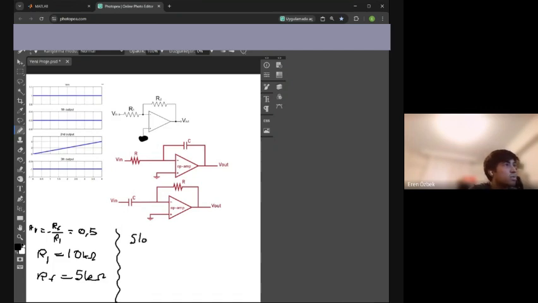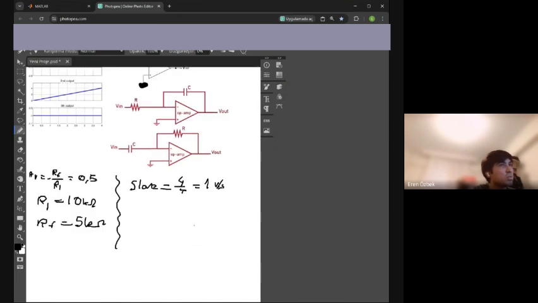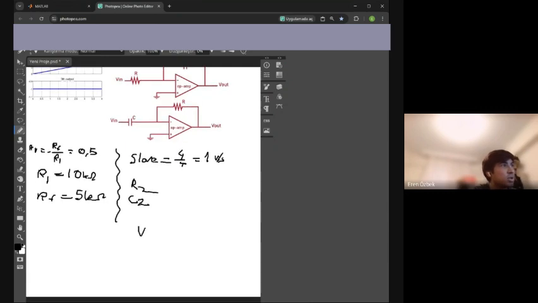First, we find the slope: 4 over 4 is 1 volt per second. The circuit input resistance is R2 and the feedback capacitor is C2. The integrator equation is V out equals minus 1 over R2 C2 times the integral of V in dt.